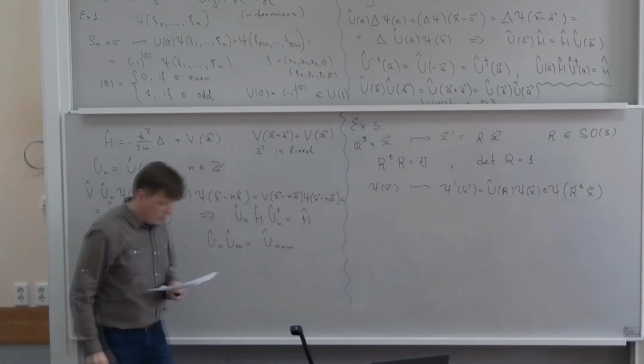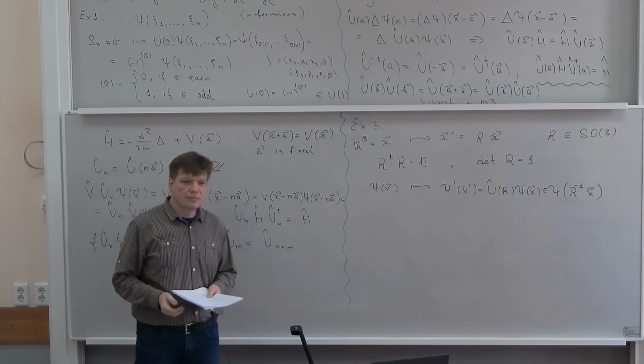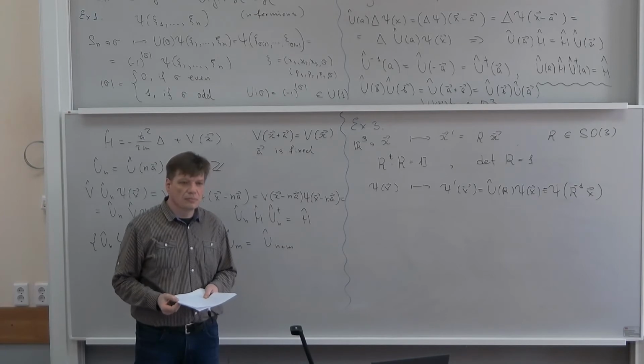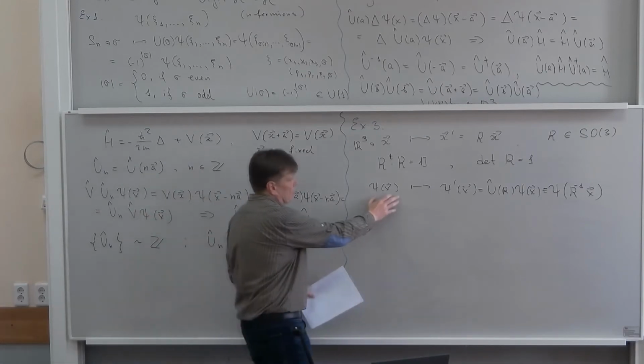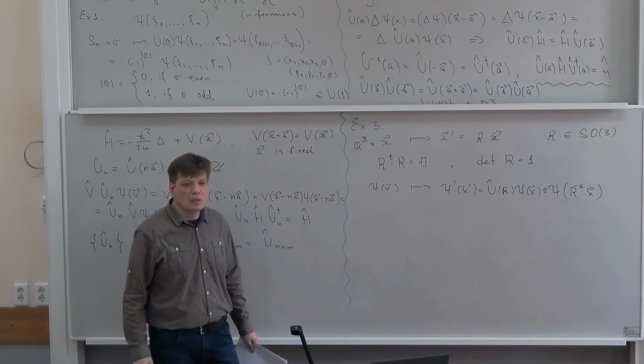Can I ask, we consider the functions from a Hilbert space, and the Hilbert space can be infinite dimensional. Yeah, it is infinite dimensional. And how is this coherent with the group of three-dimensional rotations?